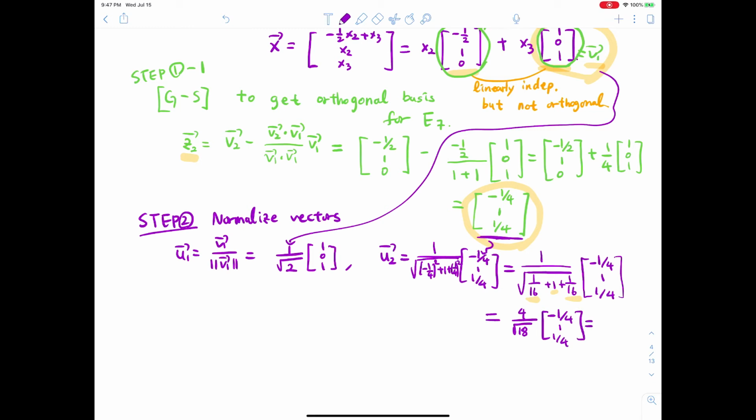This gives you 1 over square root of 18 multiplied by negative 1, 4, and 1.